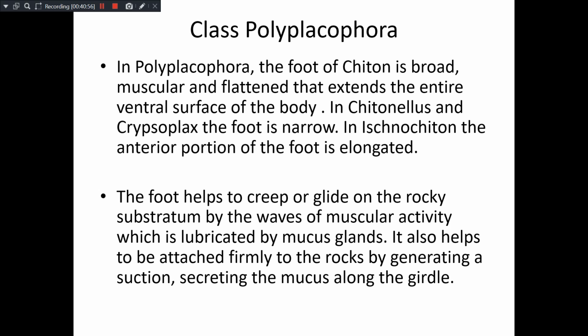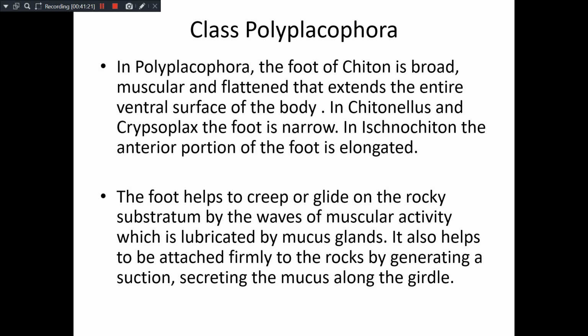This foot usually helps to creep or glide on the rocky substratum because the foot is associated with muscles, and muscular wave activity helps them to creep, and the mucus gland lubricates them so that they can easily creep or glide.